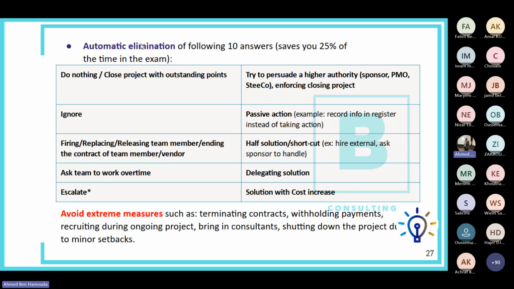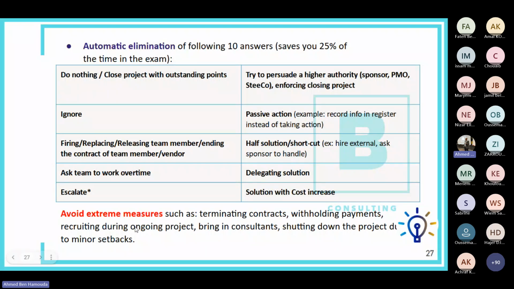Also avoid or eliminate any answers that indicate delegating a solution, and most of the time eliminate any answers that indicate picking a solution that will lead to a cost increase, such as asking for more funds, for example. Okay, adding extra resources. You want to avoid that. PMI doesn't want you to pick any answers or any solutions that lead to cost increase.